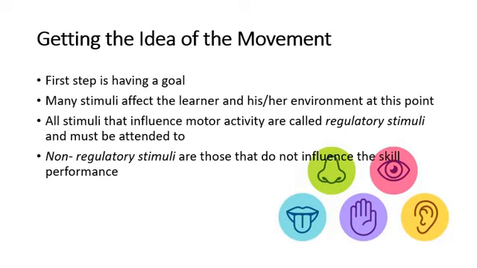In here, the learner must devote selective attention to these regulatory stimuli in order to form an effective plan of movements that will attain the goal. Ayan. So, pag sinabi po nating regulatory stimuli, ito po yung mga stimuli na maaaring makakaapekto doon po sa mismong gagawin nating skill.